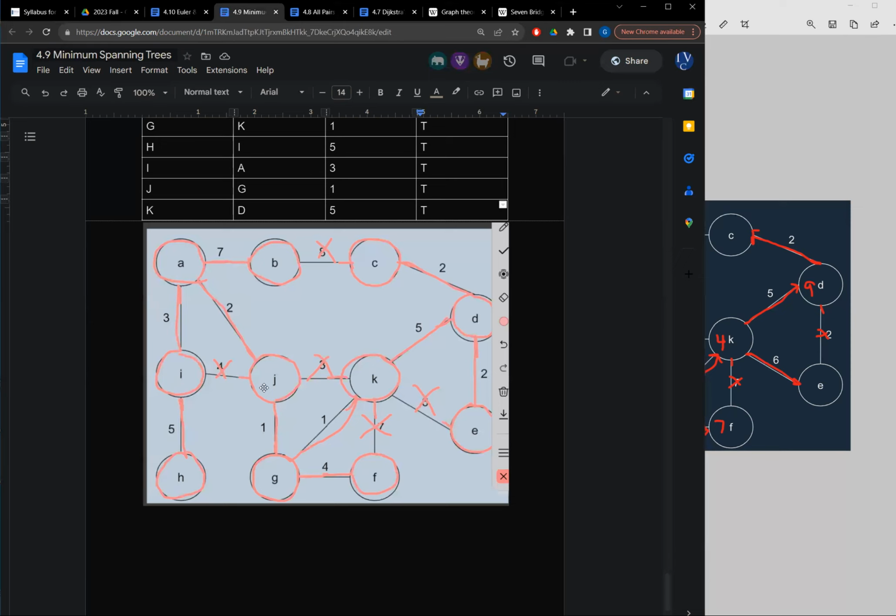Say we want to install pipe to deliver water, sewer, whatever it is, to a number of houses. The number of ways that we can lay the pipe to deliver service to this particular sub-development is going to be quite numerous, right?